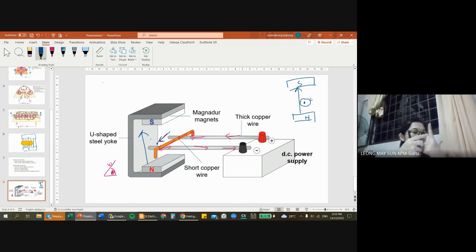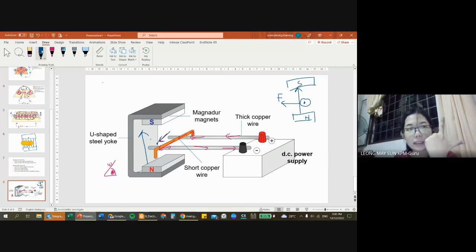When you take out your thumb, by putting your hand in front of the paper or in front of the screen, magnetic field points up, the middle finger is pointing towards you, and then you take out your thumb, you would notice that the force is pointing towards the left. I hope you guys did manage to point towards the left. So this is the direction of the force.